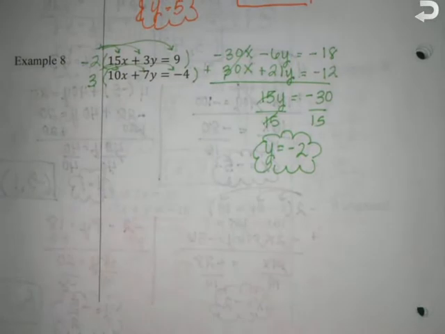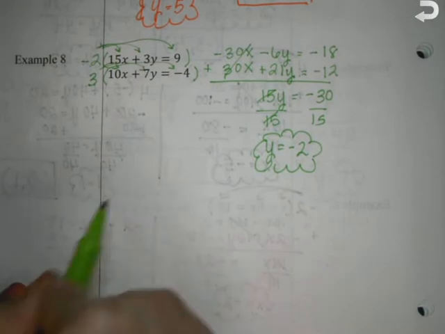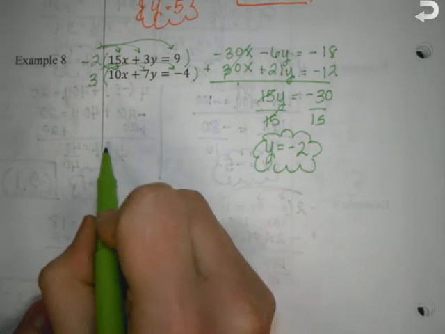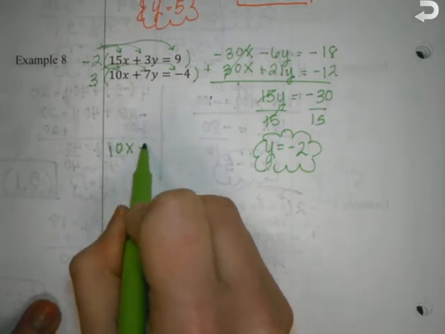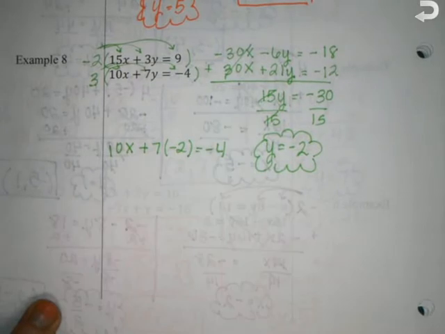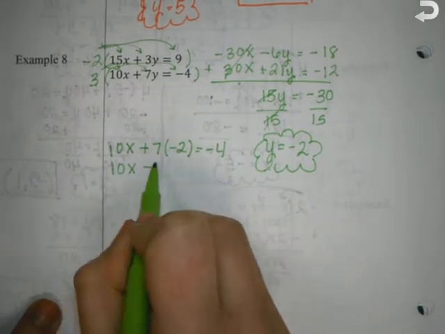10x plus 7 times -2 equals -4. So that gives me 10x minus 14 equals -4. I add 14 to both sides. So that gives me 10x equals positive 10.